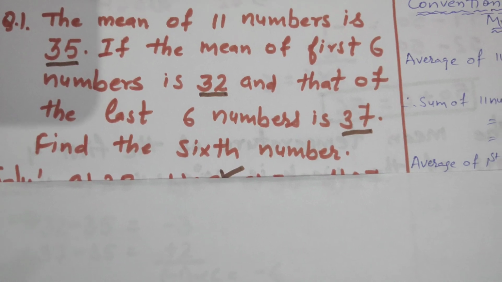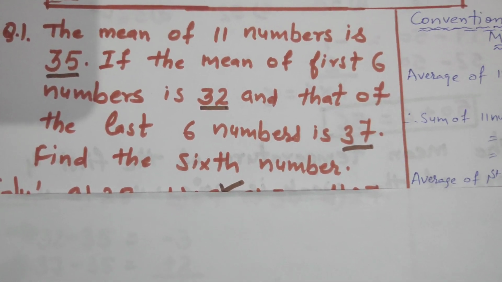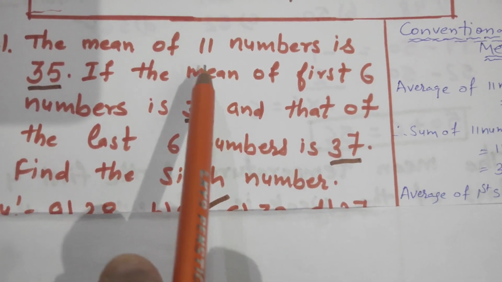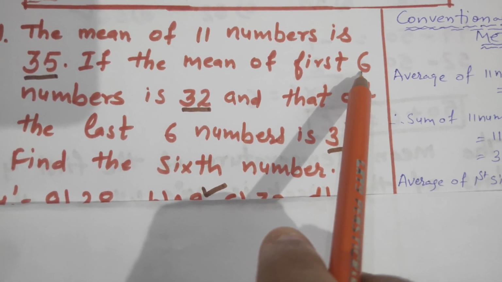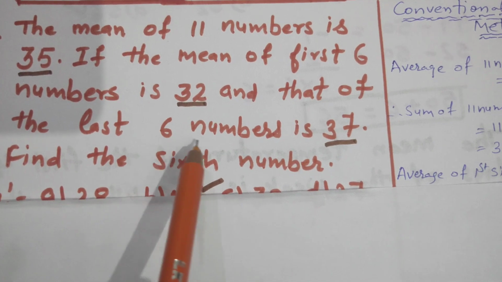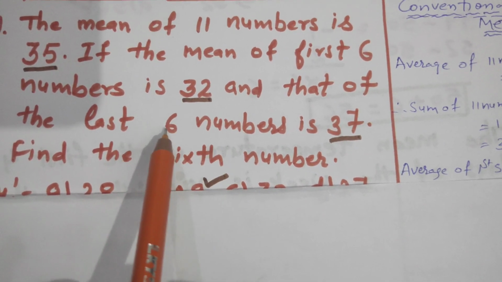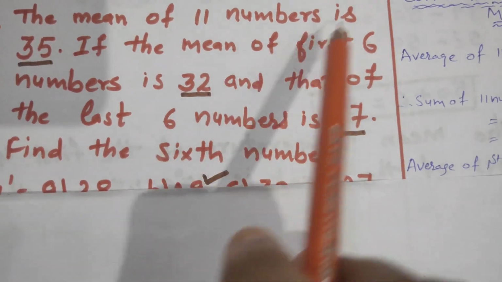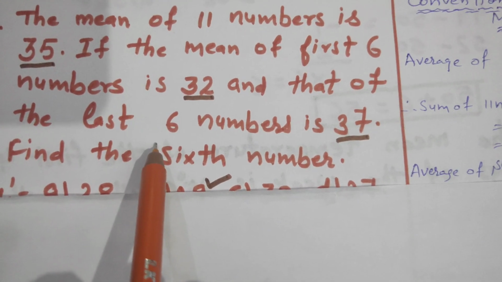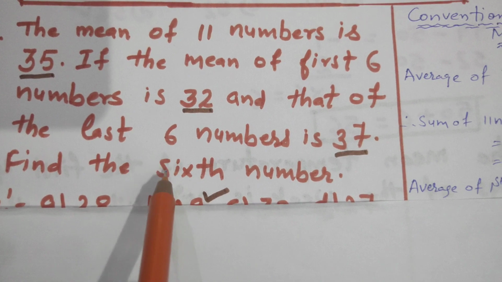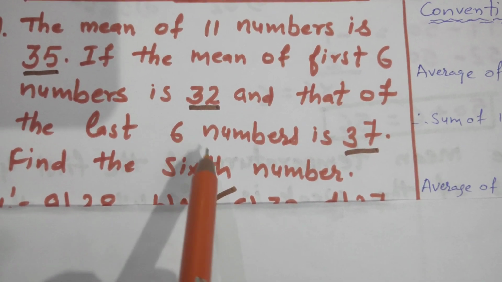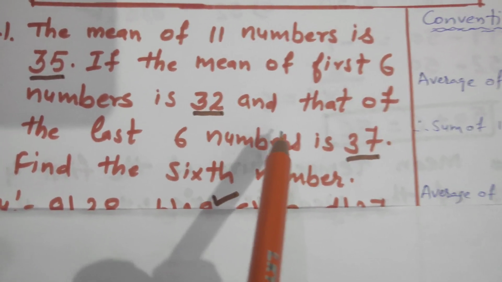Now you can see that there are total 11 numbers only, but here 6 observations first and then 6 observations last are given, which add up to 12 observations. It means that the middlemost observation is repeated. It is being counted 2 times, right?